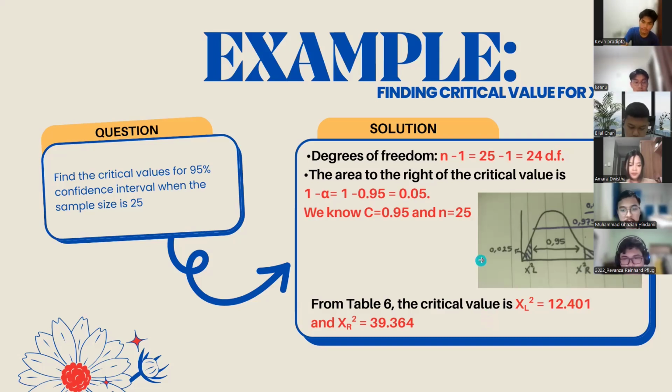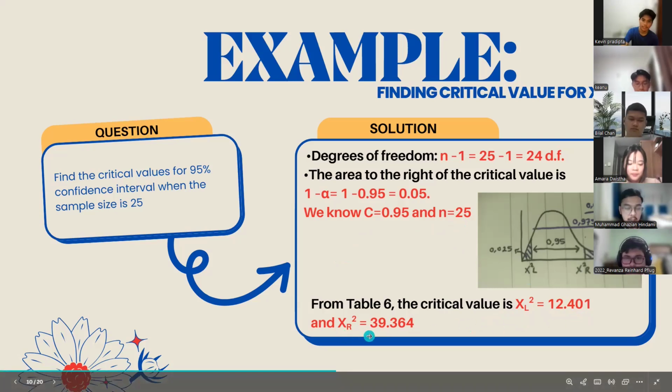We know that c is 0.95 and n is 25. So from the table, we can deduce that the left critical value is 12.401, while the right critical value is 39.364.